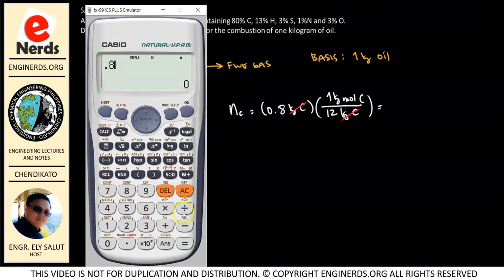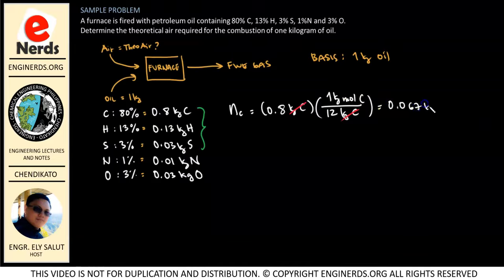Okay, 0.8 divided by 12. So, we have 0.067 kilogram mole of carbon. Now the number of moles of hydrogen. We have 0.13 kilogram of hydrogen, times 1 kilogram of hydrogen per 1 kilogram mole of hydrogen.